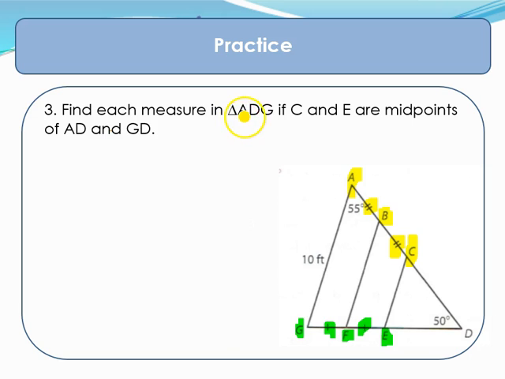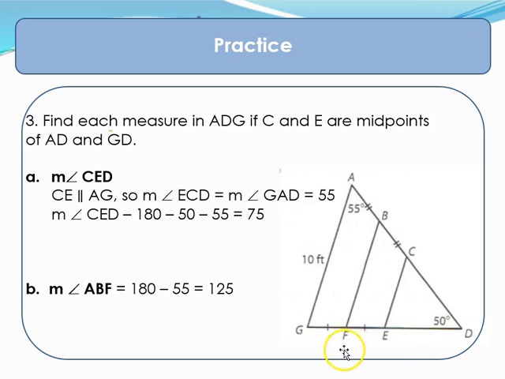So find each measure of ADG if C and E are midpoints of AD and GD. So the measure of angle CED is what we're looking for right here. What do we know about this? Well, we know that CE is parallel to AG, which is 10 feet in length.